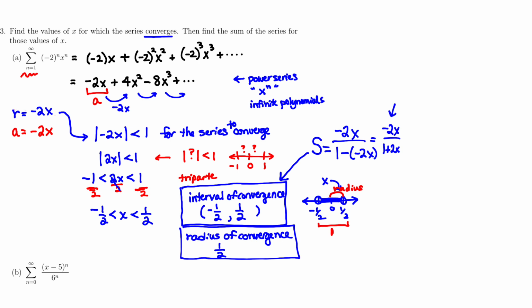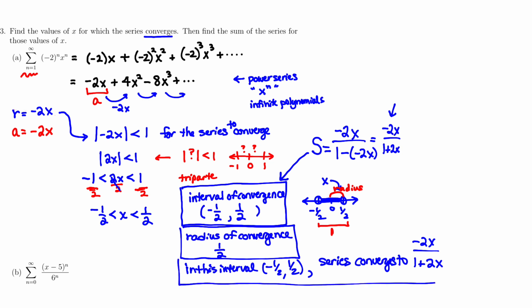So we would say that in this interval, -1/2 to +1/2, the series converges to, and my sum has a variable in it, because remember, the sum is going to change depending on what x is. So my sum will have a letter in it. Does this make sense? Do you guys see that? So power series are special cases of geometric series.